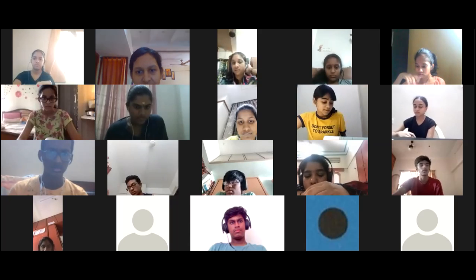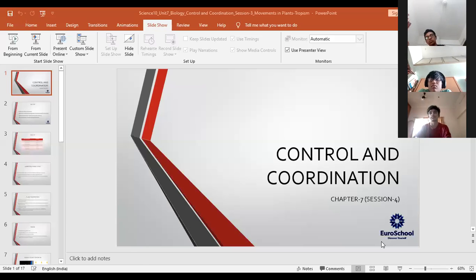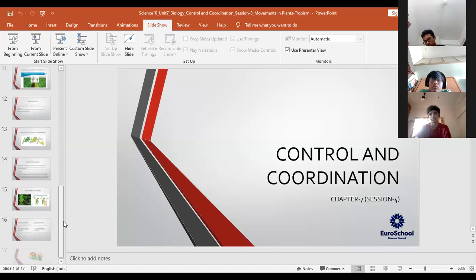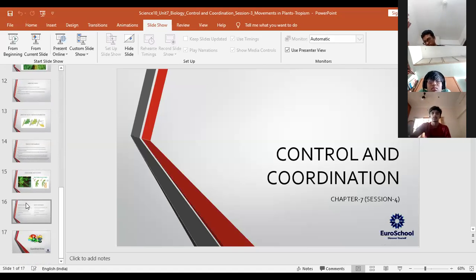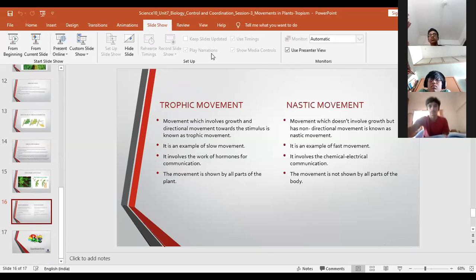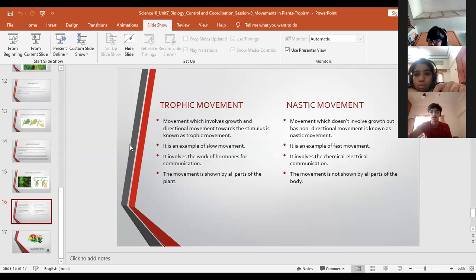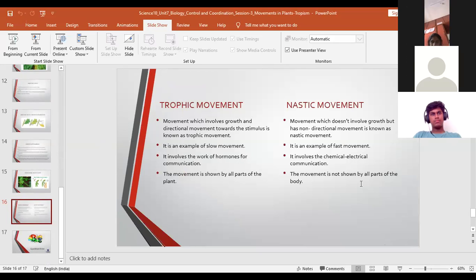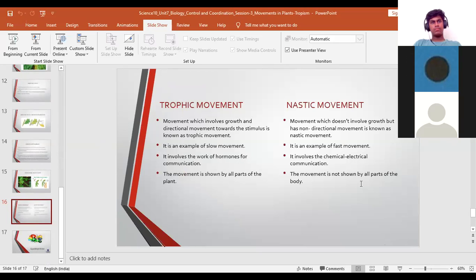Ma'am, could you please explain nastic movement again? Okay. Let me first show the slide so that those who want to jot down can jot down, and I'll explain at the same time. Varda, I think you asked the doubt for nastic movement. Any movement that happens as a response to stimuli is known as nastic movement.